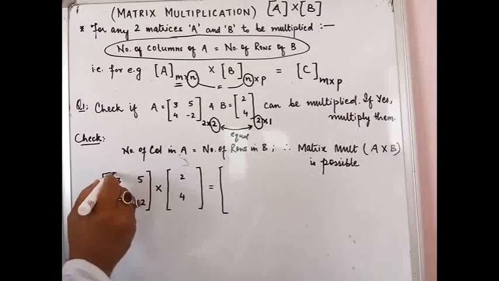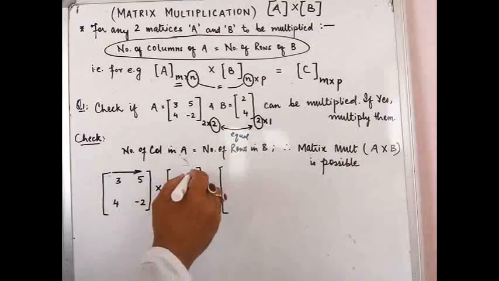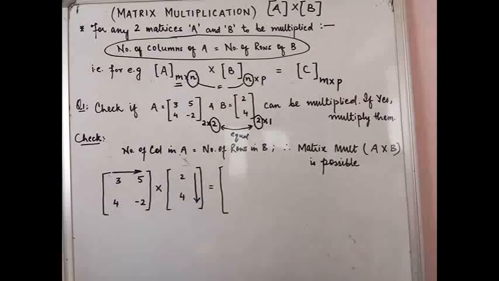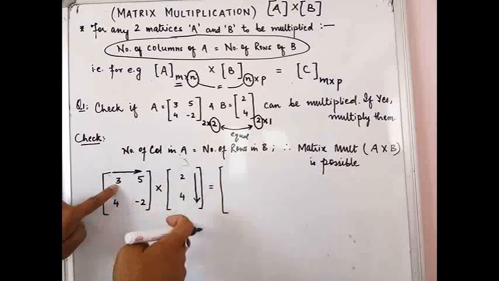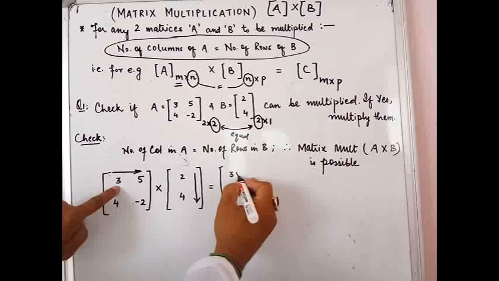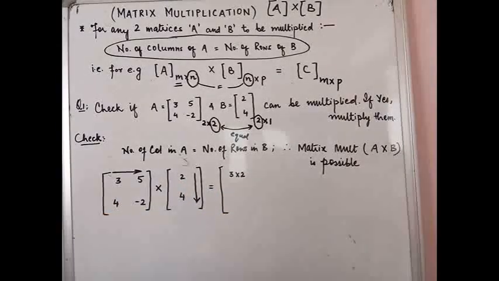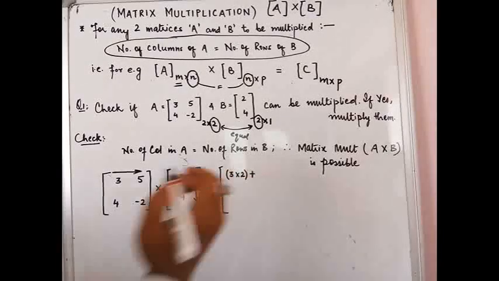Please note, you will go row wise in the first matrix and you will come down column wise in the second matrix. What that means is you will select the first row, first entry, so that is 3, and you will select the first column, first entry. So you will have this 3 multiplied by this 2 over here, that is what you will have first, plus.